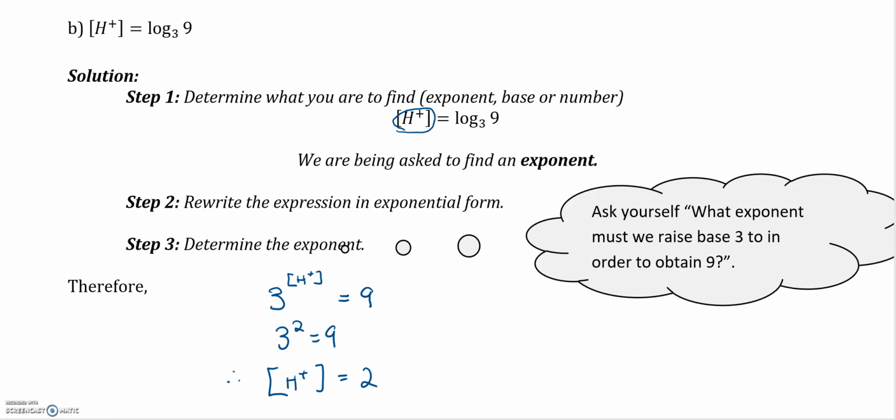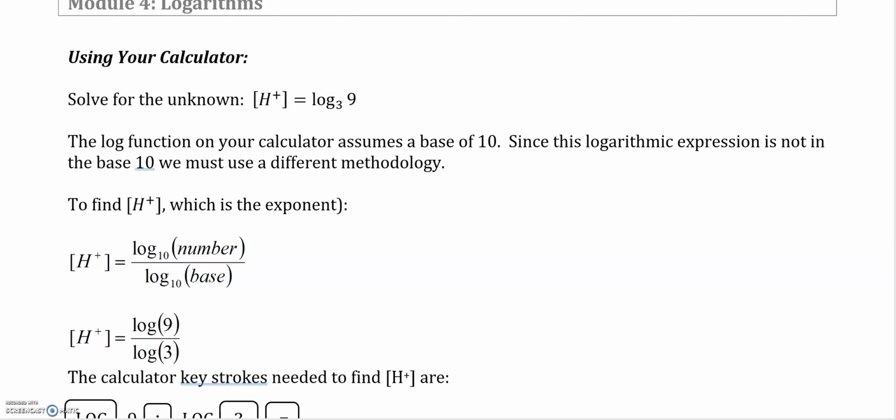We're going to look at how to evaluate log of base 3 of 9 using your calculator. Remember, the log function on your calculator, so your log button, assumes that we are working with a base 10 log. And our expression is not in base 10. Therefore, we need to use different methodology.